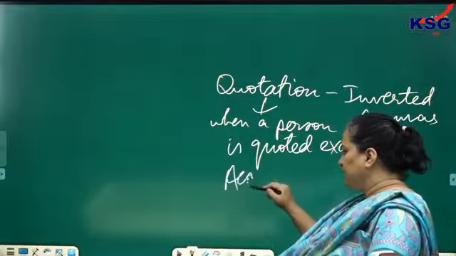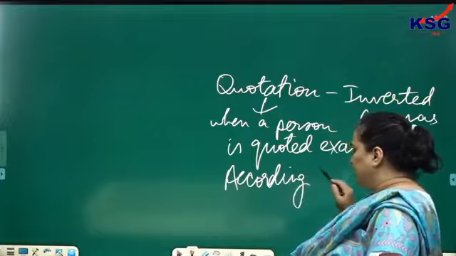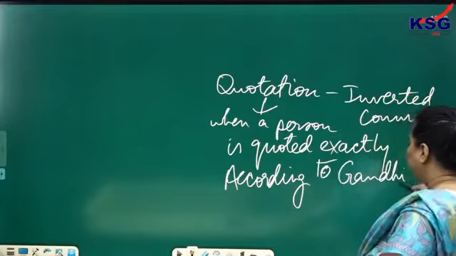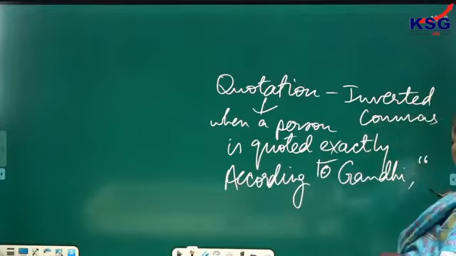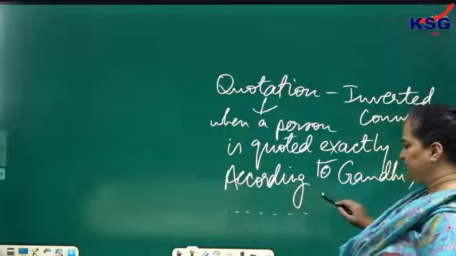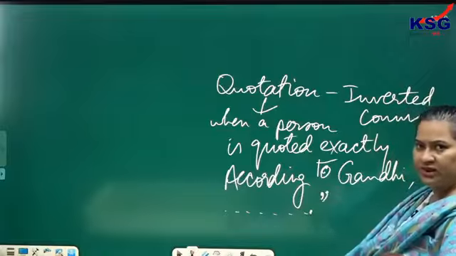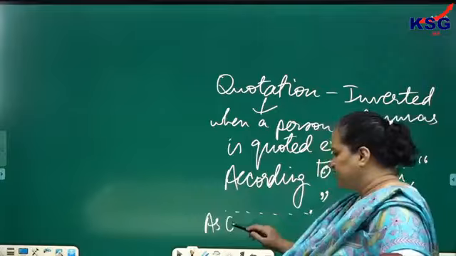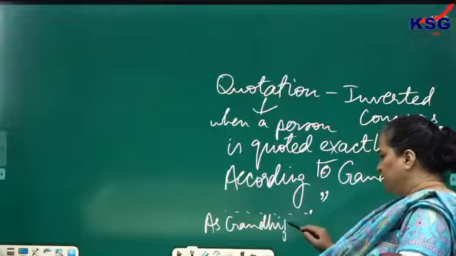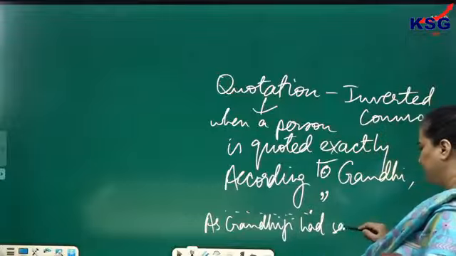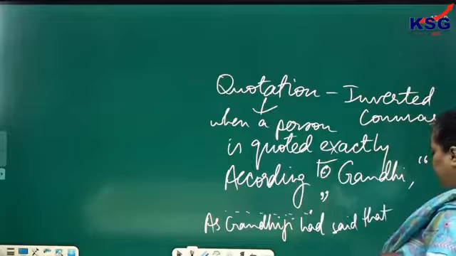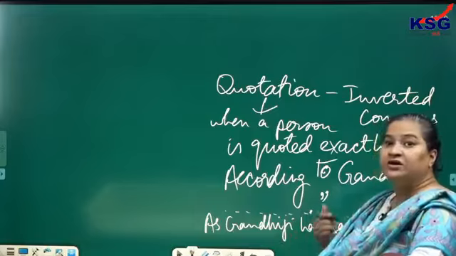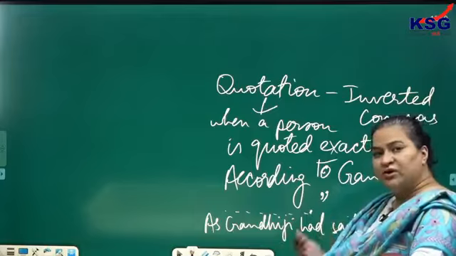Suppose I'm saying, according to Gandhi, and I remember exactly what he said, then I'll put a comma and quotation marks, write what he has said, then full stop, and close the quotation marks. But suppose I don't remember, then I'll write, as Gandhi ji had said that, put a dash and write the sentence, but not under inverted commas, because I'm using my own expression.